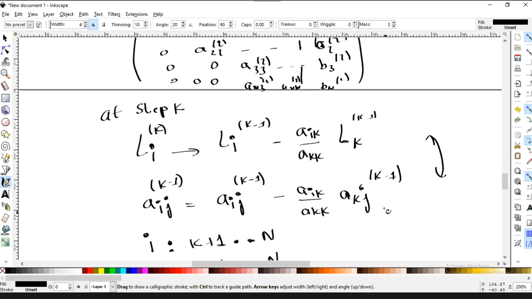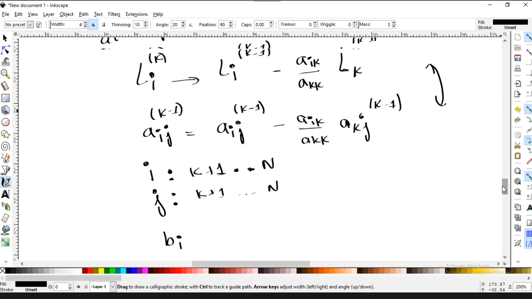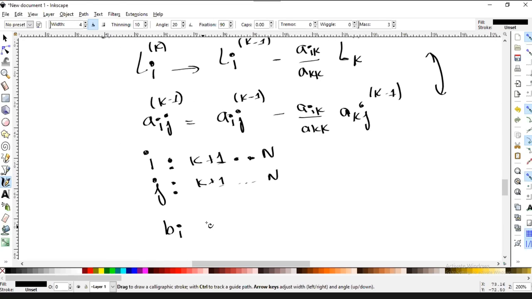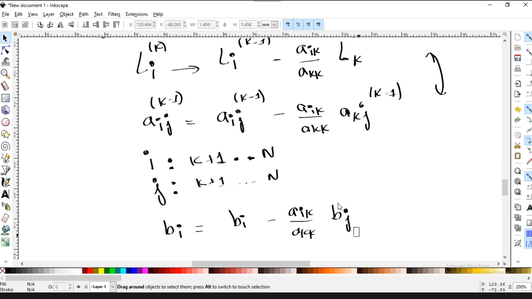Or you can do it separately for B, it's the same thing. Bi will be Bi minus Aik over Akk times Bk, because you're doing the same operation on B.